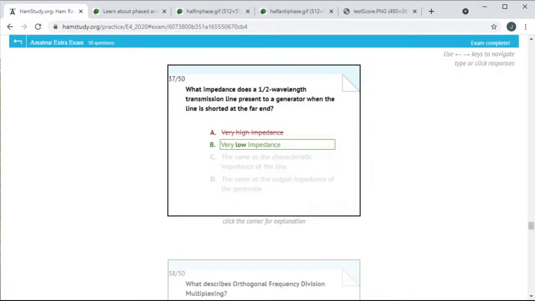Yeah, that's no code tech. Basically, if you short a half wavelength transmission line, you're going there and back, which is basically a full loop.